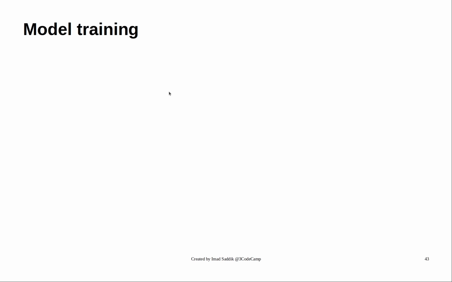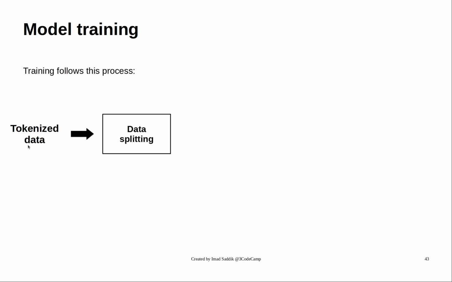Training a neural network follows these steps. First, we use the tokenized data and split it into 2 parts, training and validation. From these, we create data loaders, which feed the model batches of data during training and evaluation.